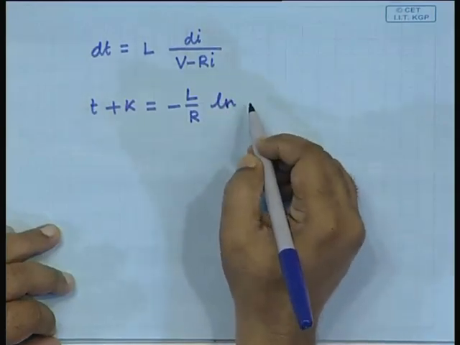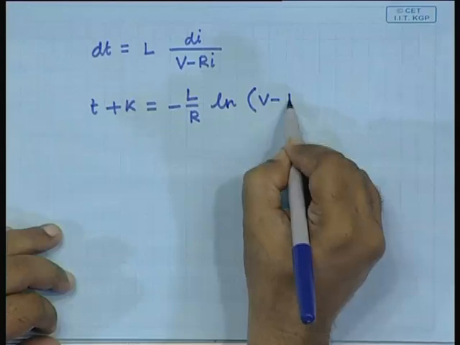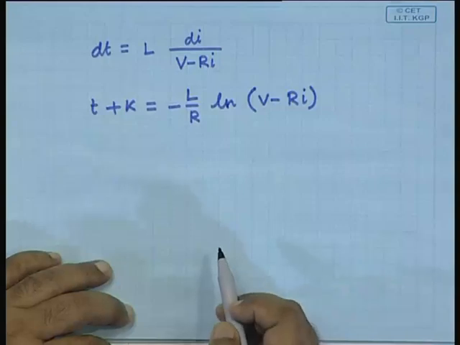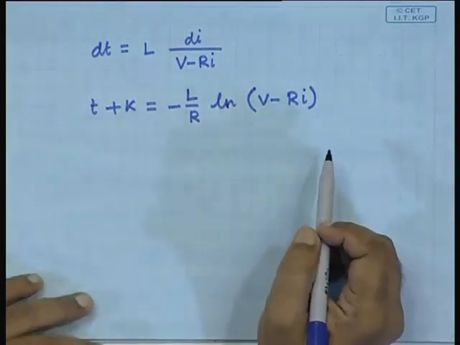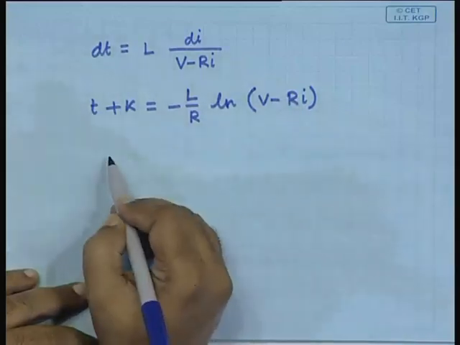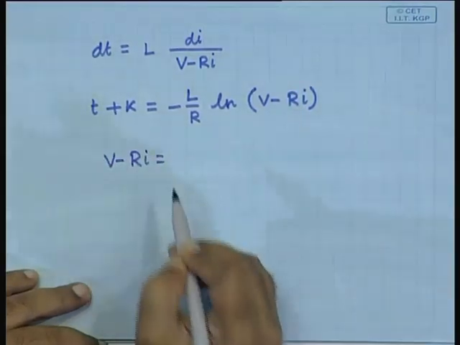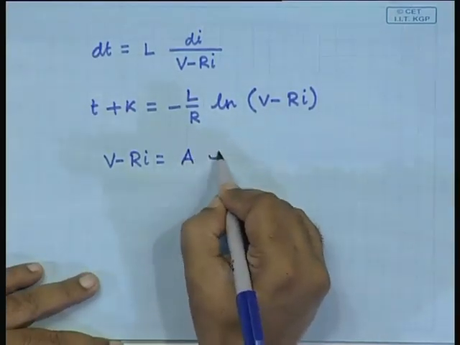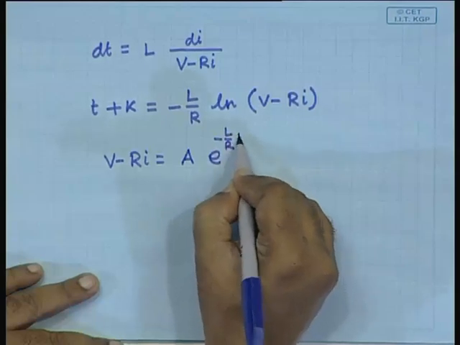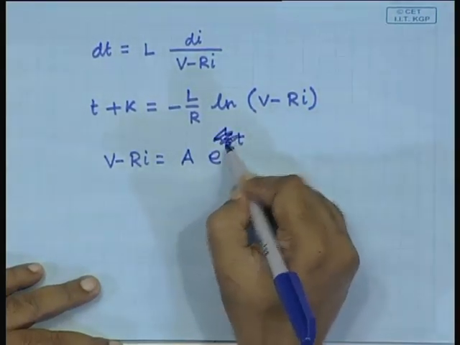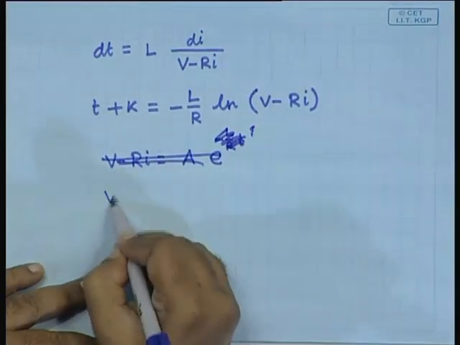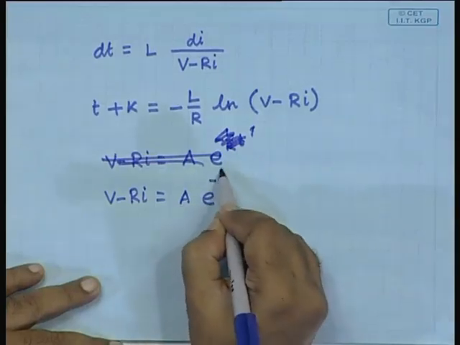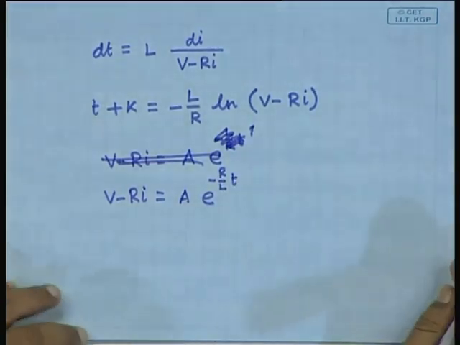ln of, fine. Now you have to obtain the, or we can write this on the other side, V minus R I is equal to some constant times exponential minus R by L t, sorry, I will write once again, V minus R I is equal to some A e to the power minus R by L t, okay.